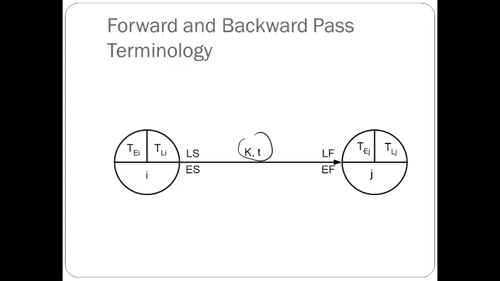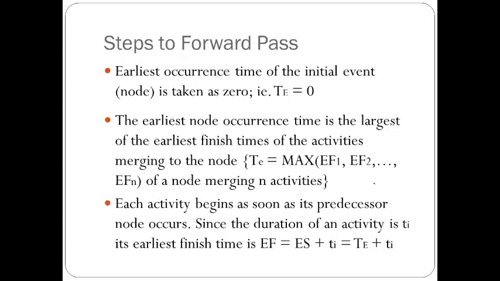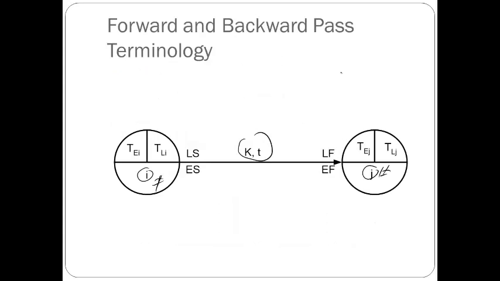Those i and j are the event numbers, like the 1, 2, 3, 4 we put there. Okay, so we'll do the forward pass first, going from here to end to find the earliest time. The earliest occurrence time of the initial event, the starting time, we'll put it here.